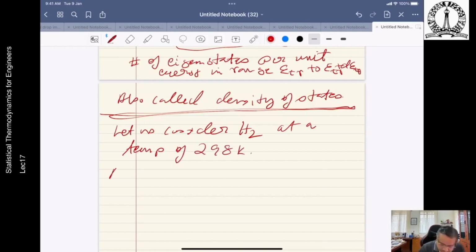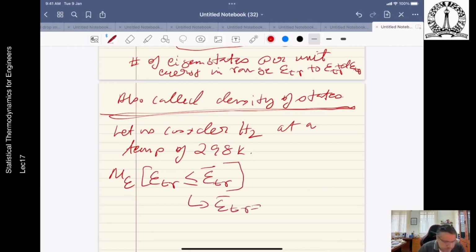Okay, so the translational energy ETR is less than or equal to this equation, where ETR, the average energy, is about 1.5 kT. This is just an example.